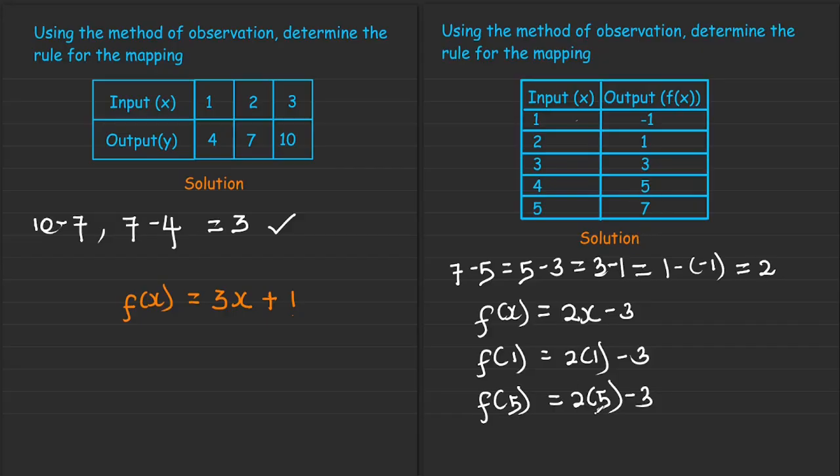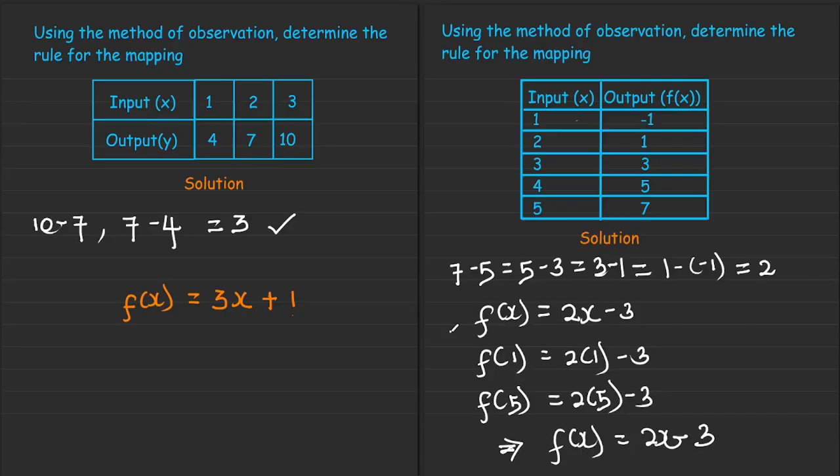That also satisfies. So there is even no need continuing to test again. So this is just to tell you that the rule f of x equals 2x minus 3 is the rule for the table we have over here. And this is correct.